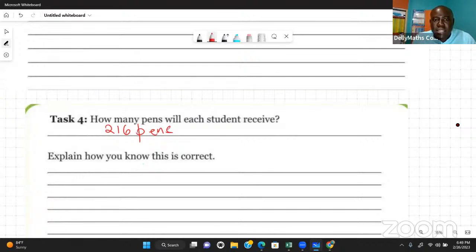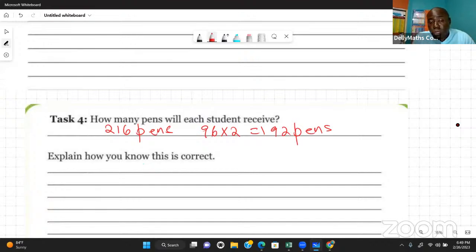Basically, if you have 96 and you multiply it by 2, this will come up to about 192. So this would have taken away 192 pens, right? Everybody gets 2, so each can get 2 equally.